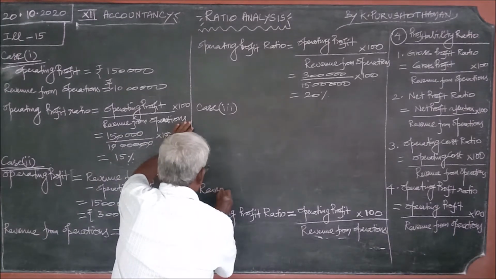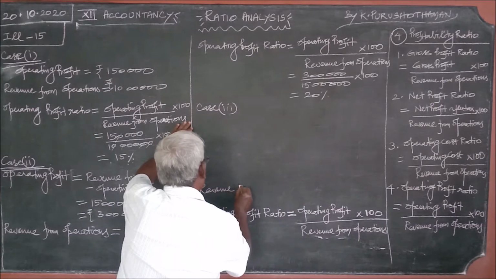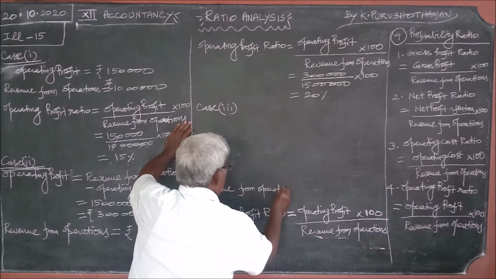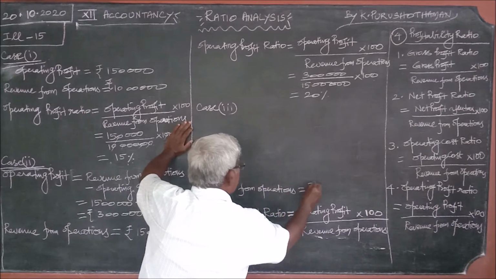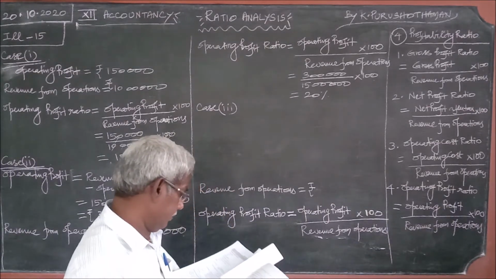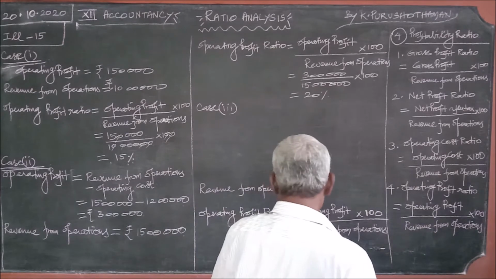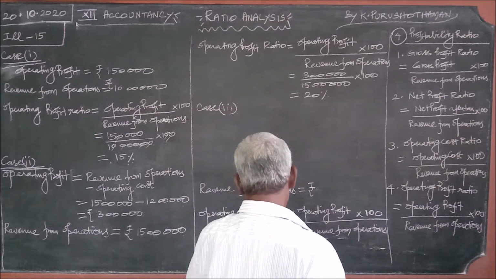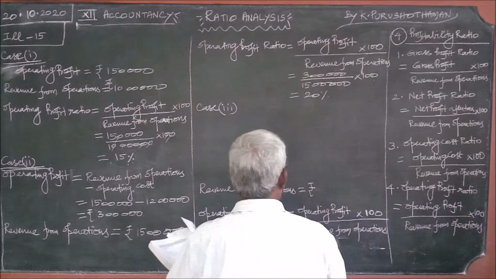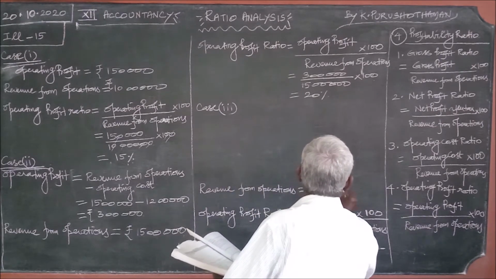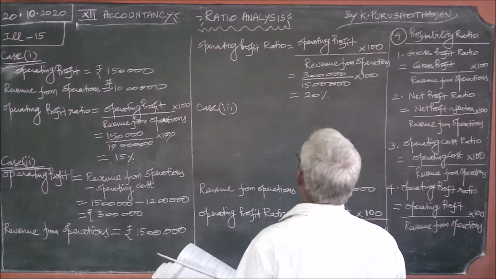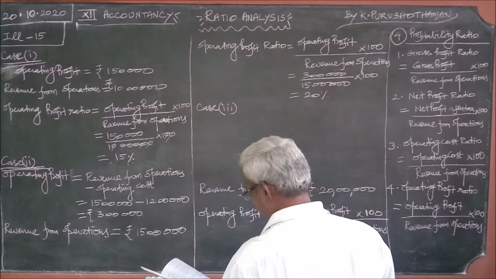The denominator value is the revenue from operations in case 3, 20 lakhs. Only we should find the operating profit.